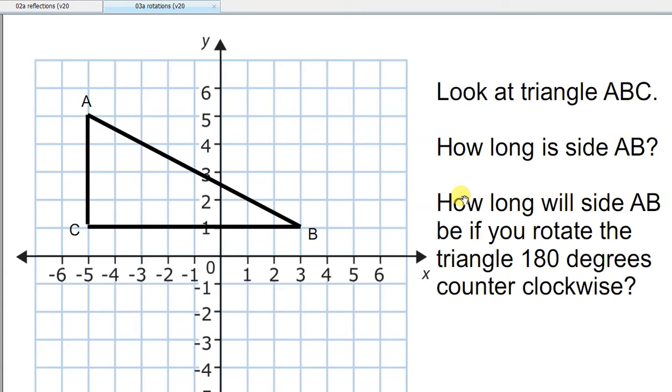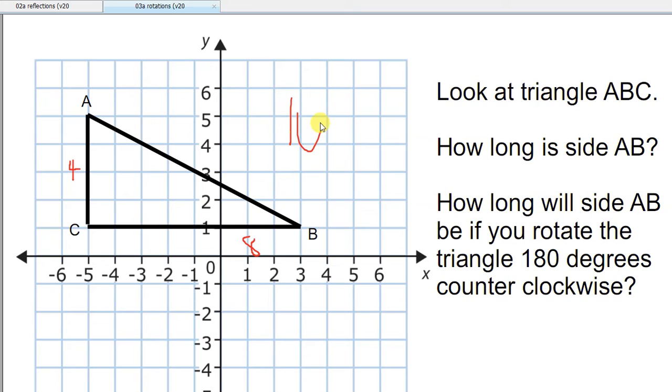Now notice that when I start changing the shape of it, or rotating or moving around, it doesn't actually change its size. So I look at this triangle right here, and I can use Pythagorean theorem to find AB. So let's find AB. This is 1, 2, 3, this is 4. This is 1, 2, 3, 4, 5, 6, 7, 8.